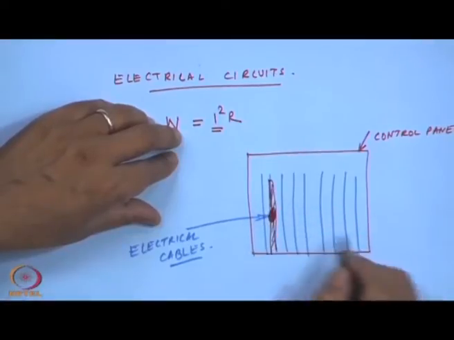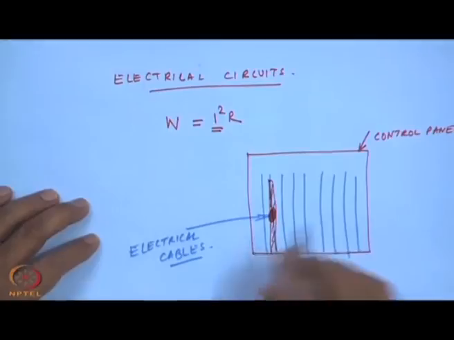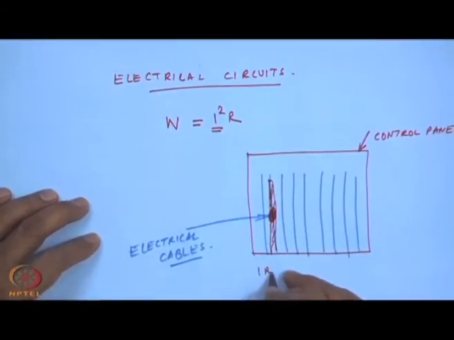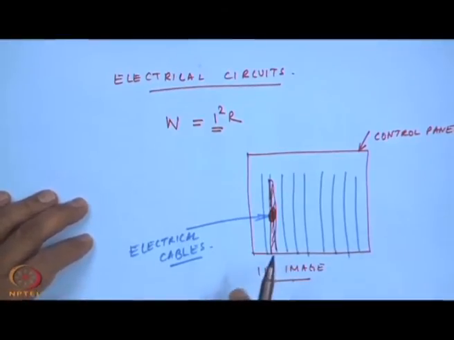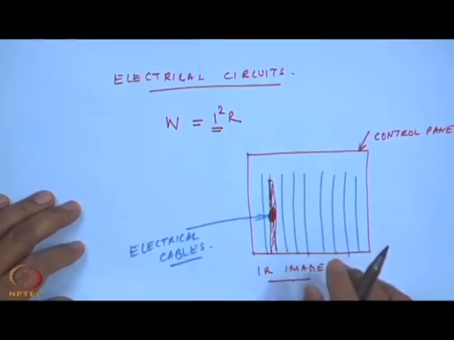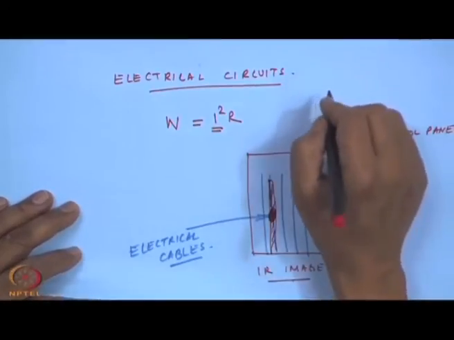So, what can happen with an IR image is we can quickly find out where the source of the increase in temperature is. So, these are the places where thermography is applicable in CBM.